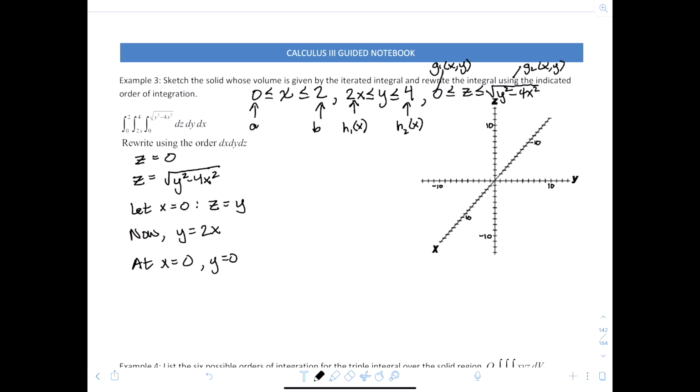And so do you see that means that z is 0 too, because z equals y. So we're going to have an ordered triple at 0, 0, 0. At x is 2, y is going to be equal to 2 times 2, which is 4, which will equal z. So we'll have another ordered triple at 2, 4, 4. Good so far?